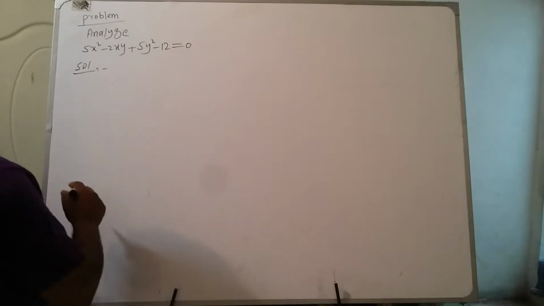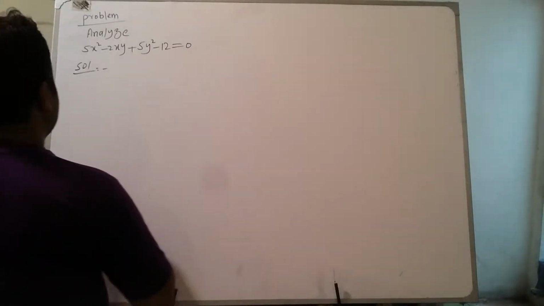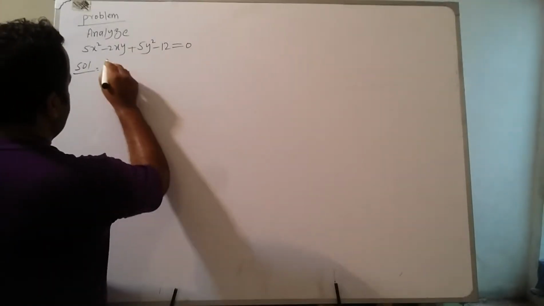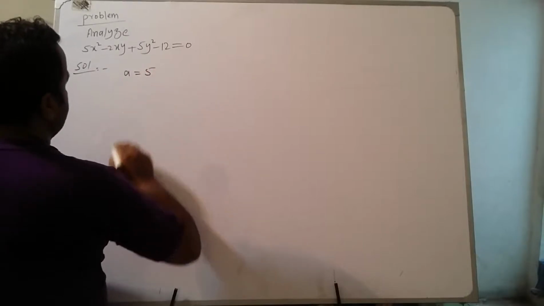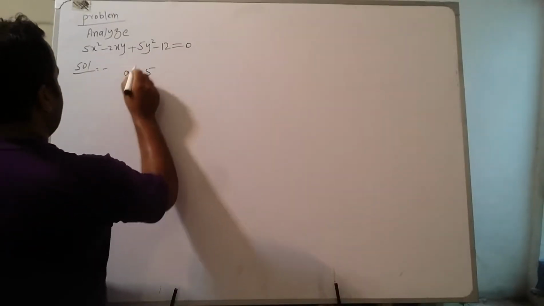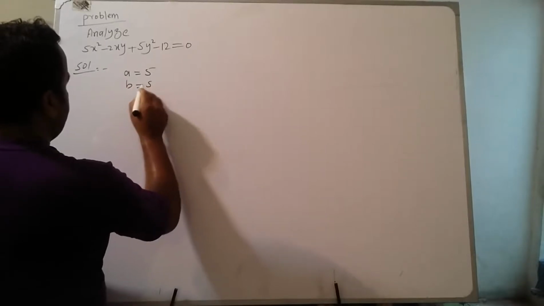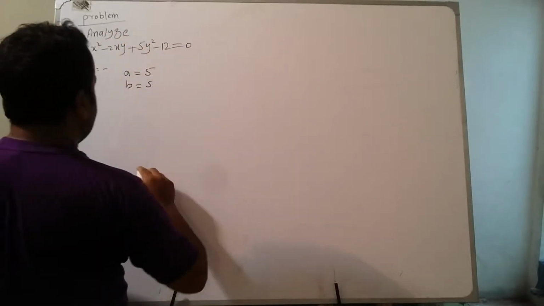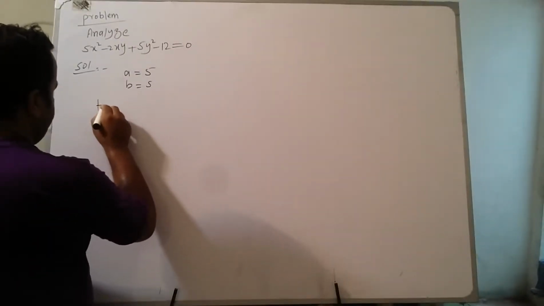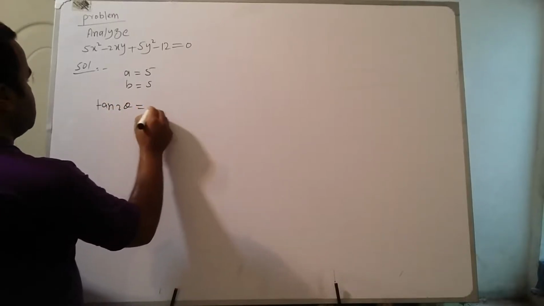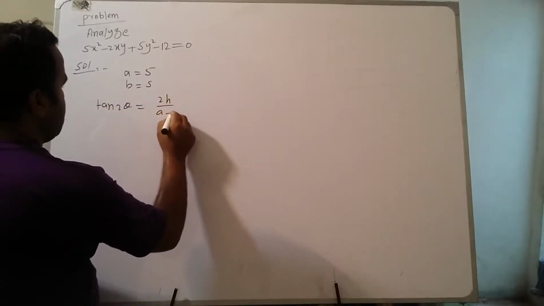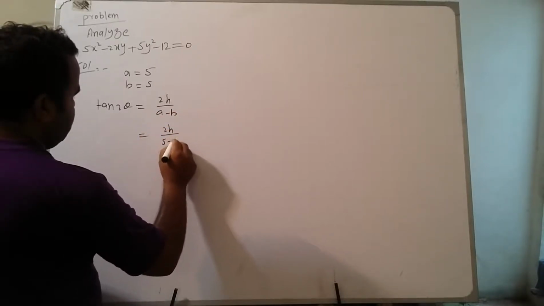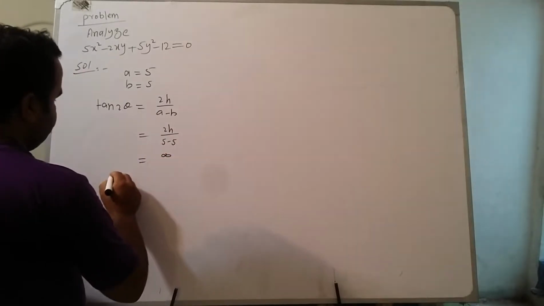We know that we want to rotate the axis. According to the general equation of second degree, A is equal to 5 and B is also equal to 5, meaning the coefficient of x square is A and the coefficient of y square is B. The formula is tan 2 theta equals 2h over A minus B, which is 2h over 5 minus 5, which is equal to infinity.